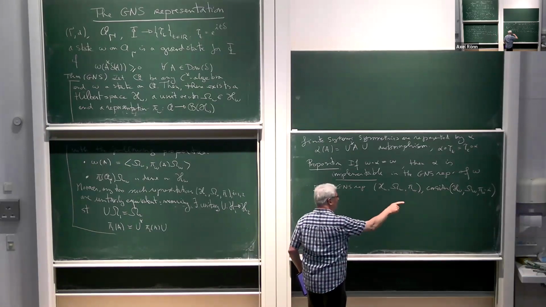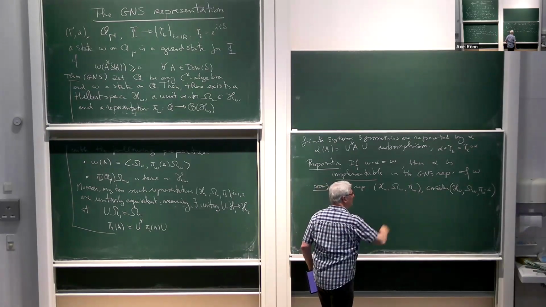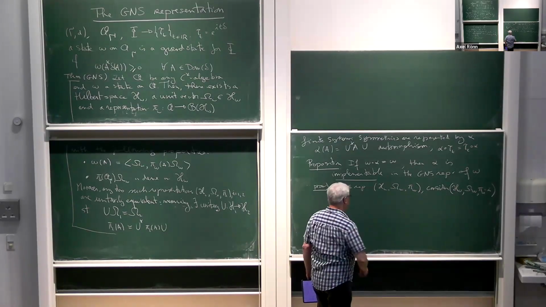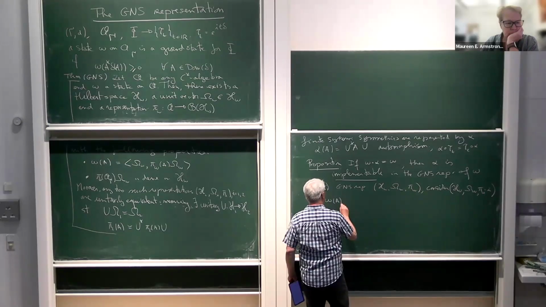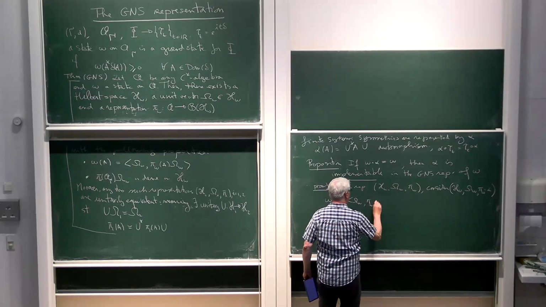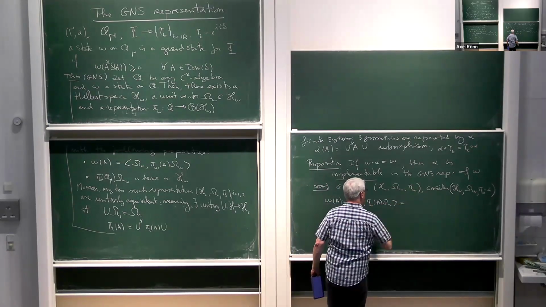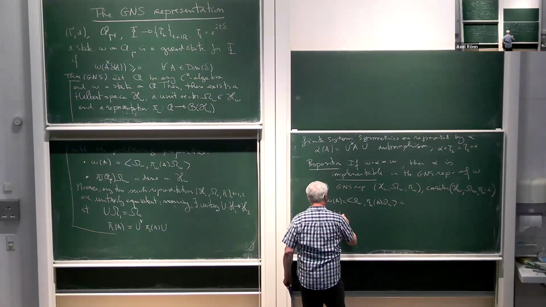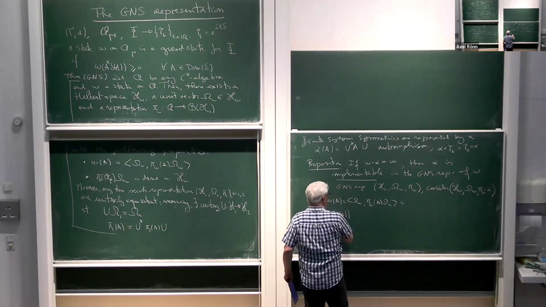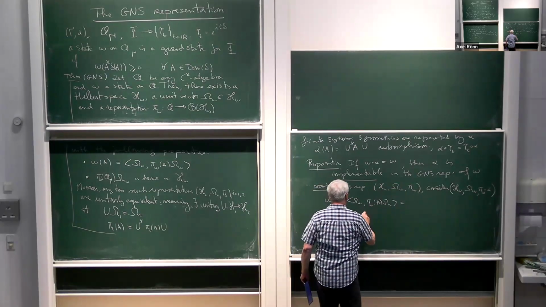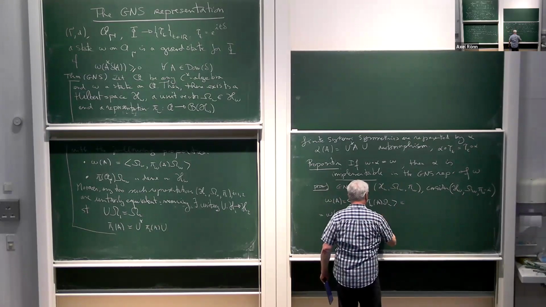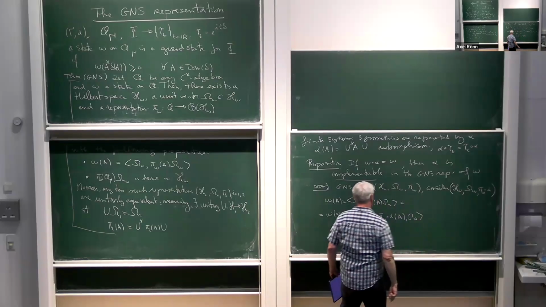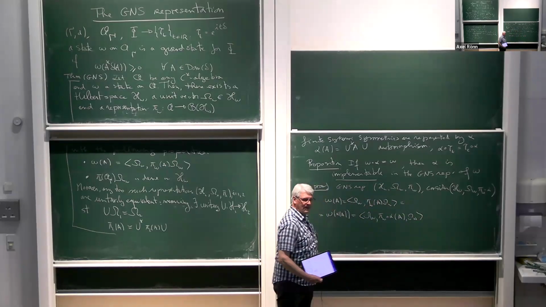And of course, this is actually a representation of the same state, because omega of A is omega of alpha of A. So I have exactly all the same properties.